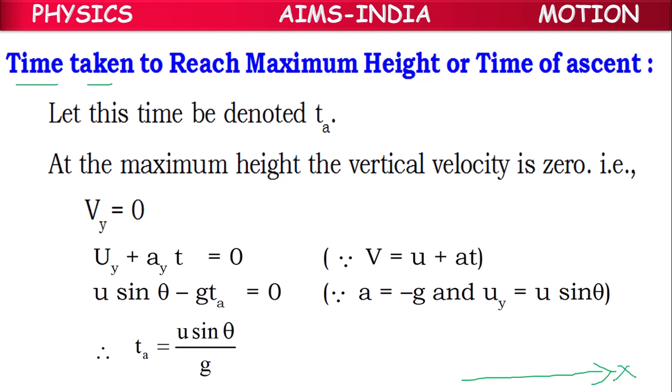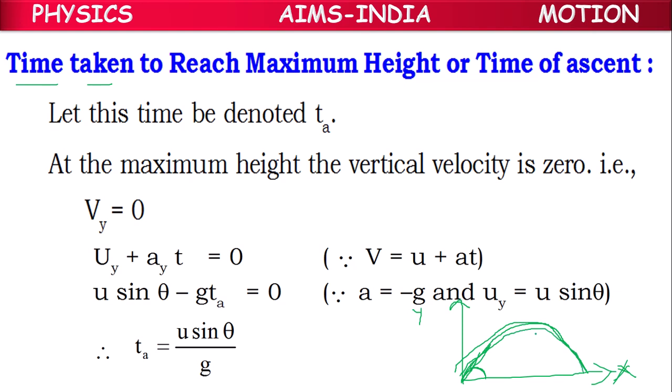If this is the ground, this is the x-axis, this is the y-axis. We are projecting a body with an angle other than 90 degrees with the ground, then its path, its trajectory, will be like a parabola.